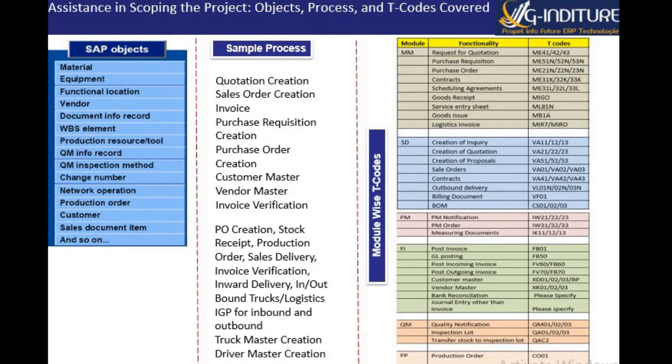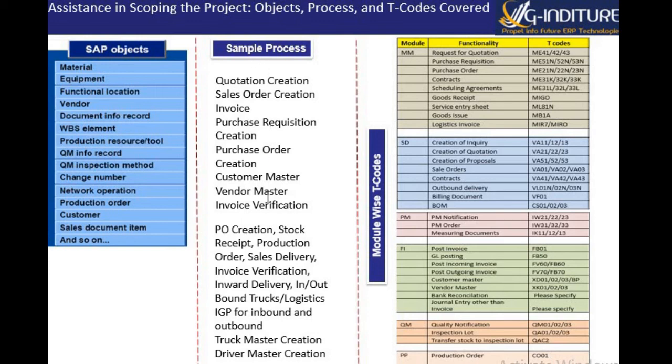This slide explains what objects SAP has provided and helps you in defining the scope of SAP DMS. So if you are planning to implement DMS, you can see in the first section, these are certain SAP objects which SAP has defined. Against these objects, you can assign the documents.